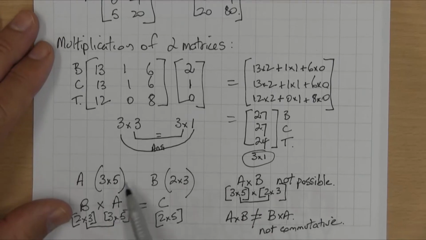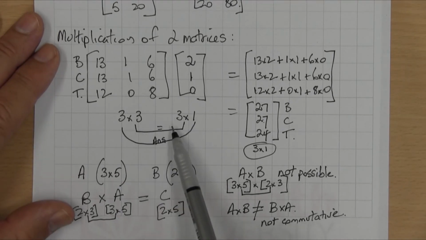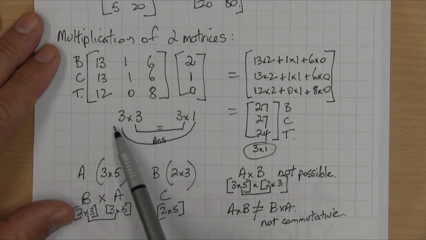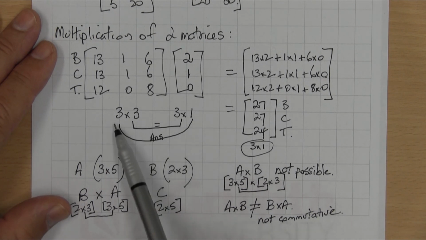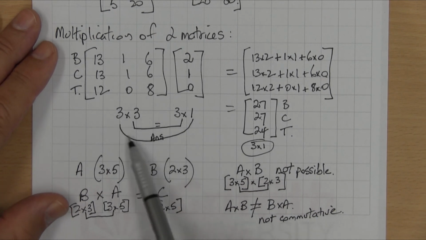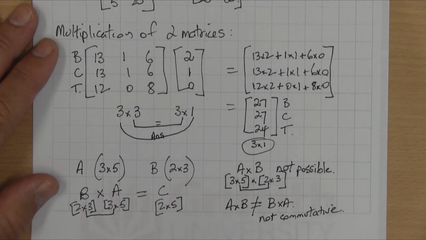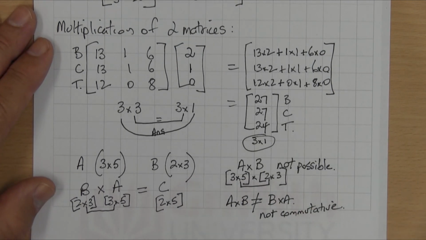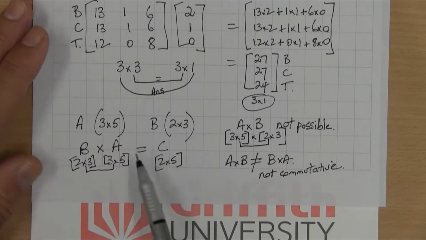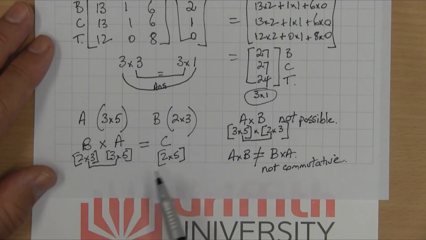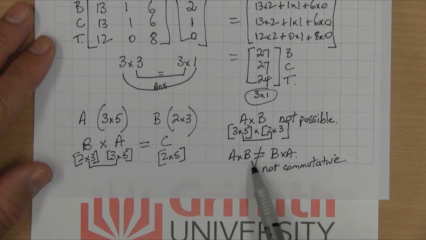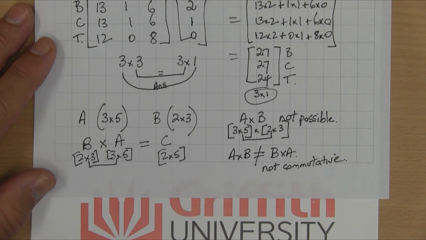Multiplication of two matrices, the innermost dimensions have to be the same, and your answer will have the dimensions of the outer ones, as we've gone through in this example. And then we talked about AB and BA, that when you multiply matrices, order is important. So A times B generally is not equal to B times A. We say it is not commutative.